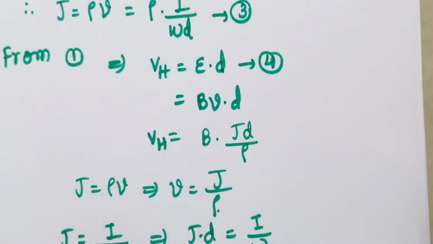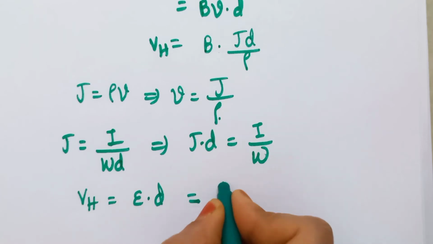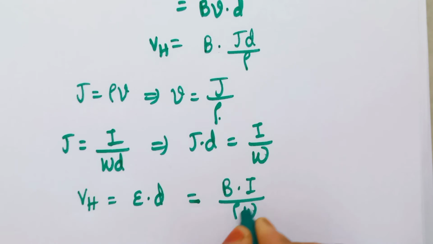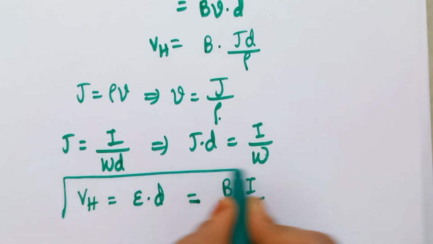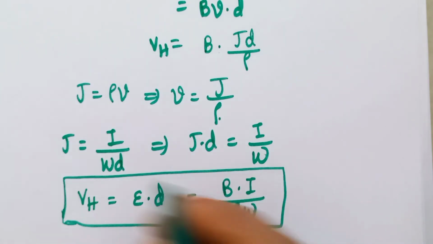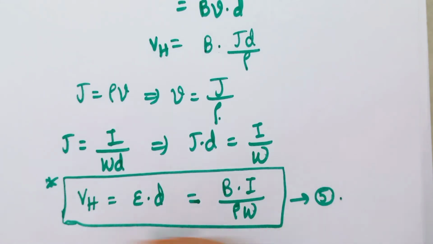So from that we can write VH is equal to epsilon into d, that is equal to B I by rho W. This is the expression for Hall voltage in terms of magnetic flux, current, charge density and W. So this is a very important expression to remember.